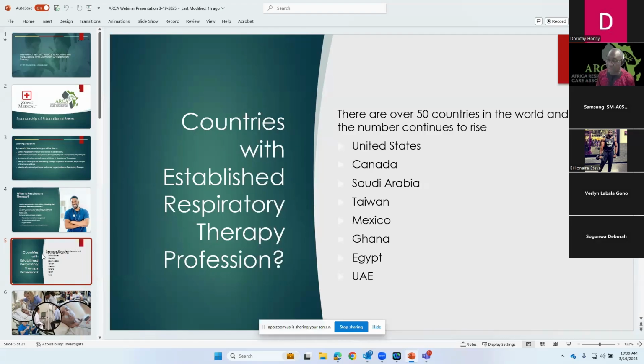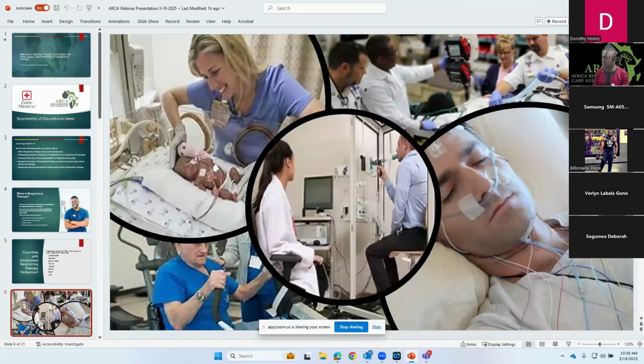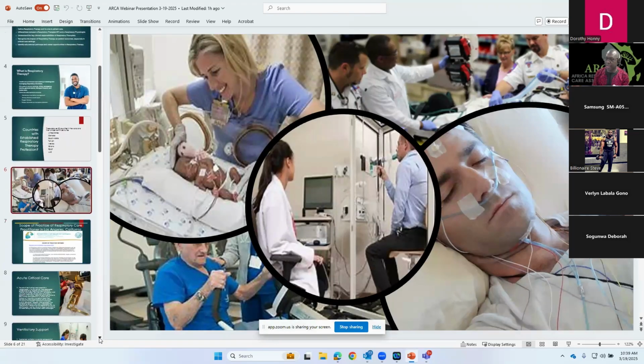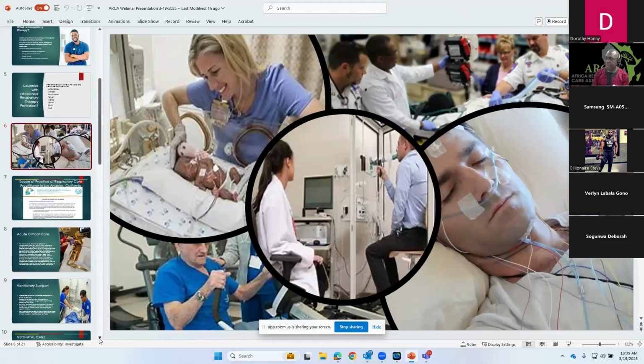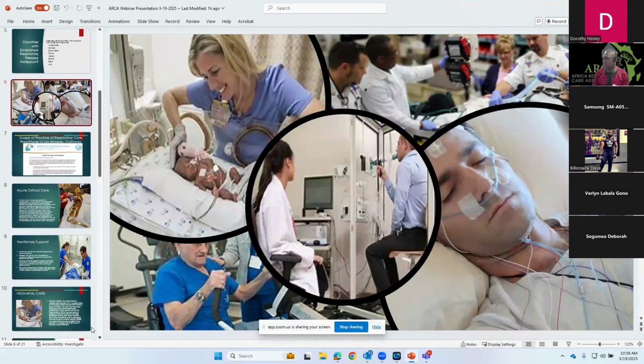We have over 50 countries that actually have respiratory therapists. This is just a collage of the different things that respiratory therapy does, which we are going to go into in more detail.